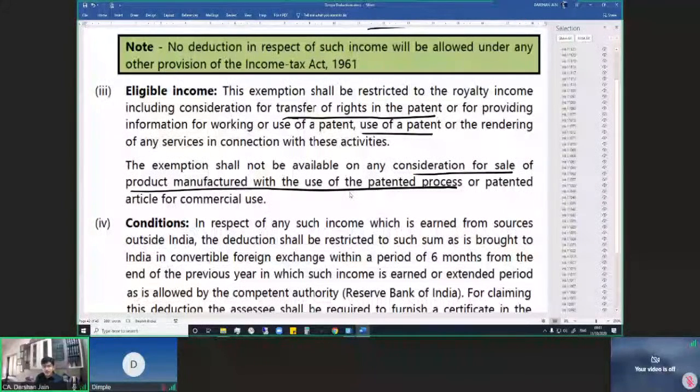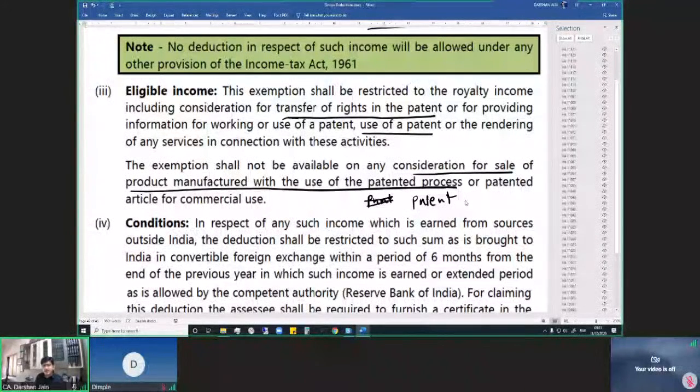Understand this very carefully. You are using a patent, and for the use of the patent, you get some amount. The patent belongs to you, and you let somebody else use it and you get a fixed amount. That is eligible for deduction.